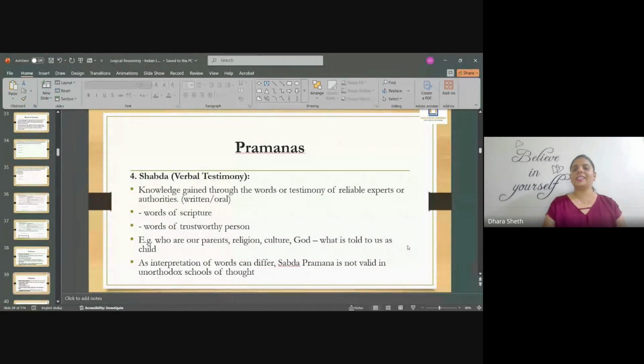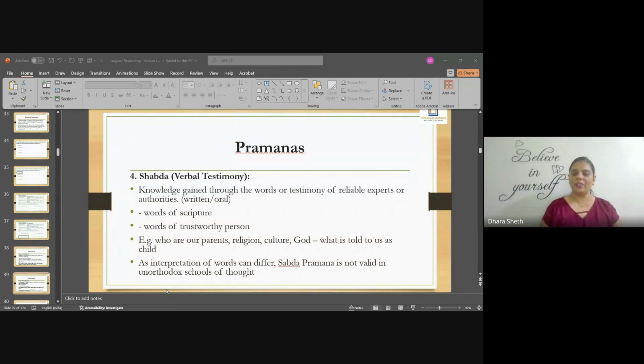The next is shabd or verbal testimony. Now here, because it is called verbal, it does not mean oral. It means both written and oral. Just like we had verbal communication and non-verbal communication. Verbal communication included oral communication and written communication, wherever words are used, and non-verbal was body language and everything.